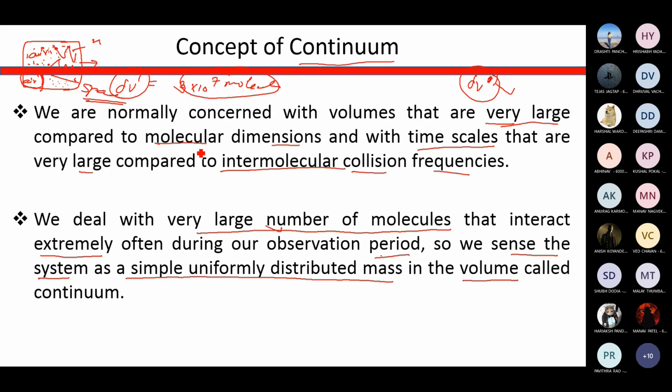This concept of uniform distribution of the mass throughout the space is what we call a continuum. Rather, we should call it a fluid continuum. It means simply that whatever fluid is present in your system is continuously distributed throughout this space. So mass is distributed uniformly.